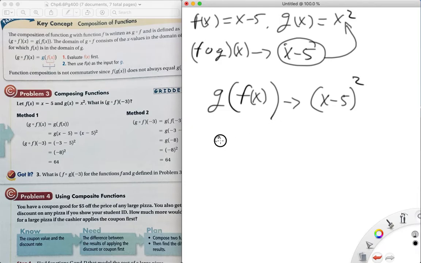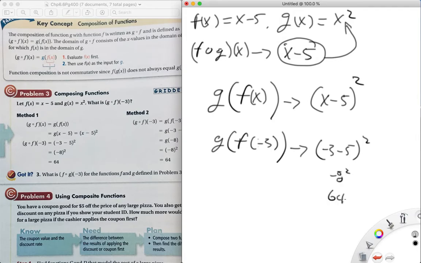So if we have, what is g of f of, the book says, -3, then I'm going to replace that x with -3. And that gives me -8 squared, which is 64.